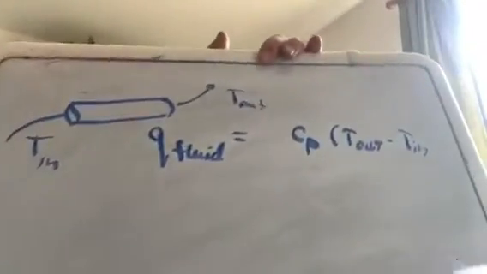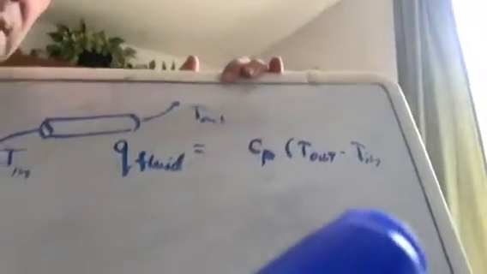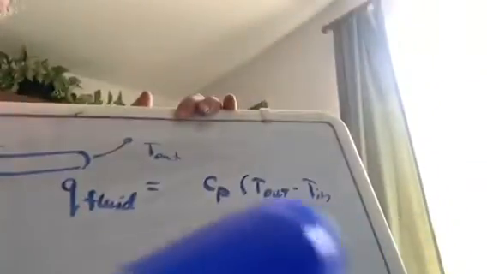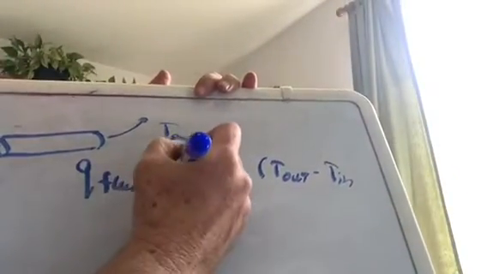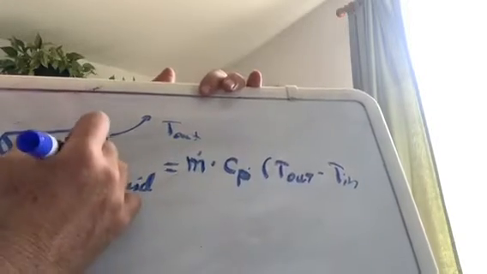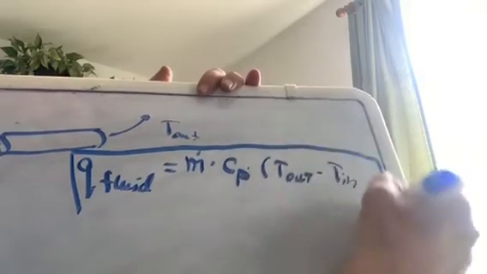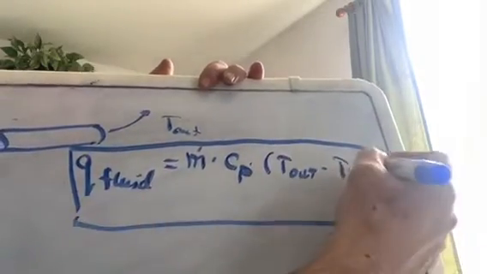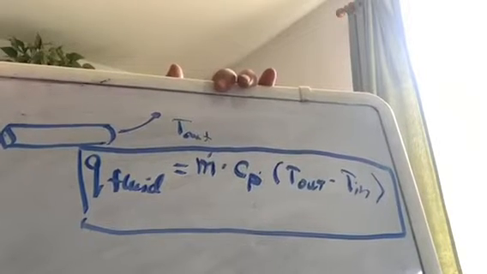And then we multiply by the fluid mass flow rate. In various classes that you've taken, you've seen that relationship, and it can apply to this particular situation. So that's easy enough to do.